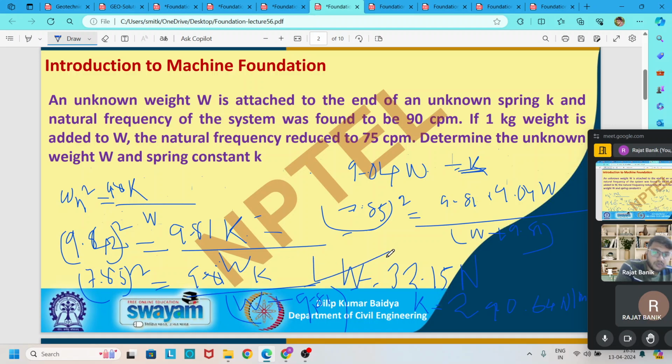This is a very simple problem. So we get our unknown W as 32.15 Newton, and the unknown spring constant K as 290.64 Newton per meter.